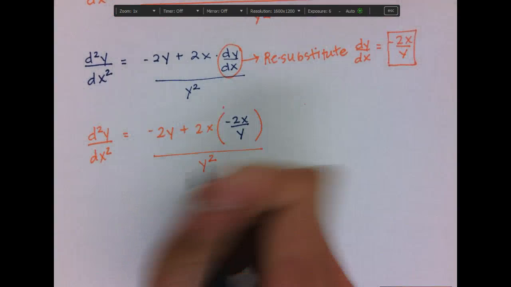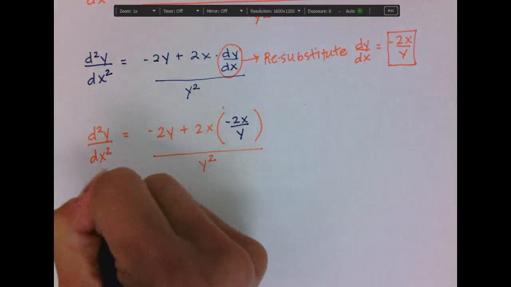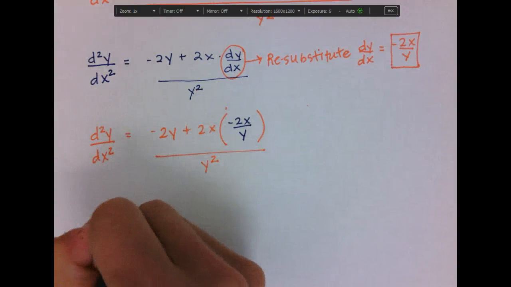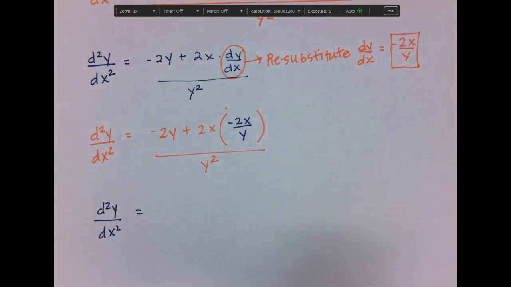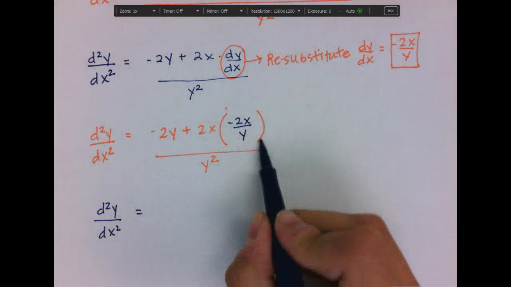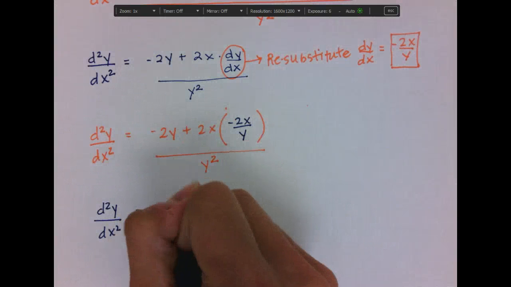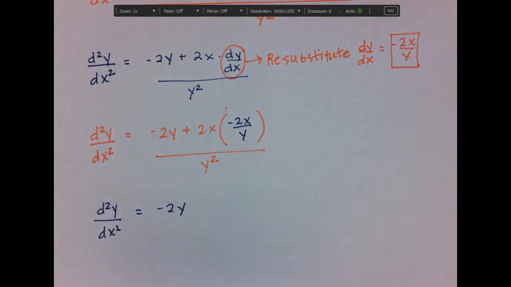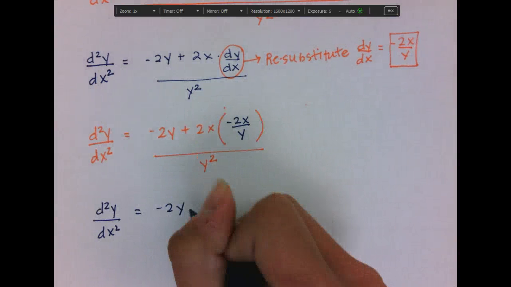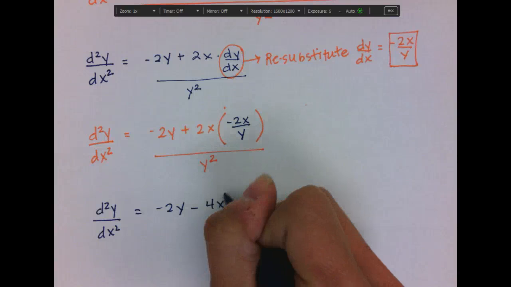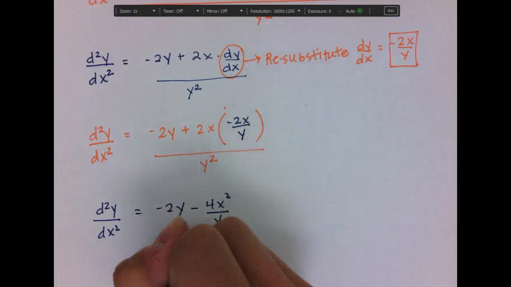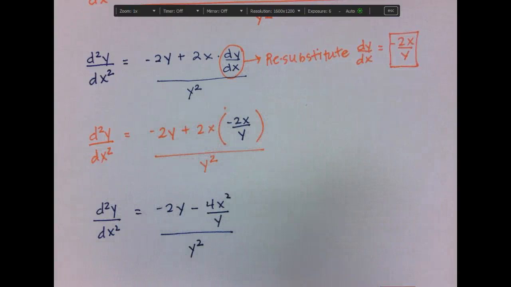So if I continue on over here, what I can do is multiply these two fractions together. So negative 2y will just drop down, and then we'll have minus 4x squared over y, all divided by y squared.